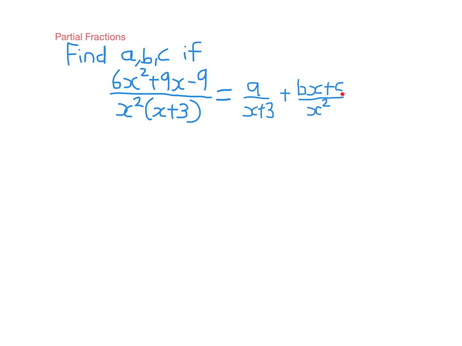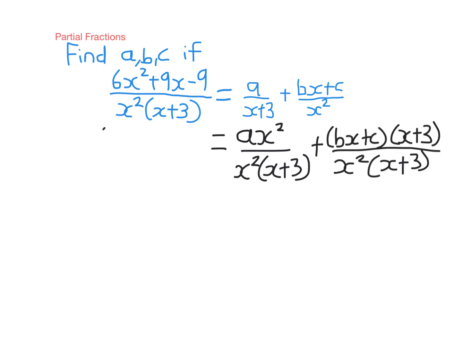What we're going to do is start with this, and we're going to do as we did in the first example. We're going to multiply this by the denominator of the other fraction, and then we're going to multiply this, that is top and bottom, by the denominator of the other fraction.